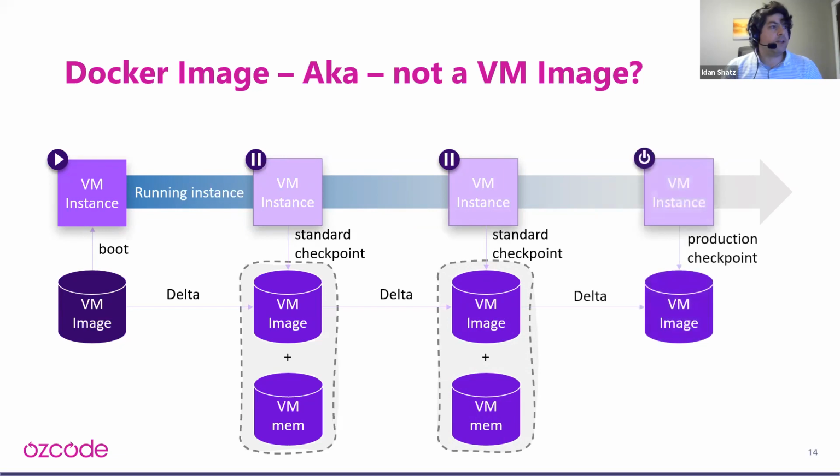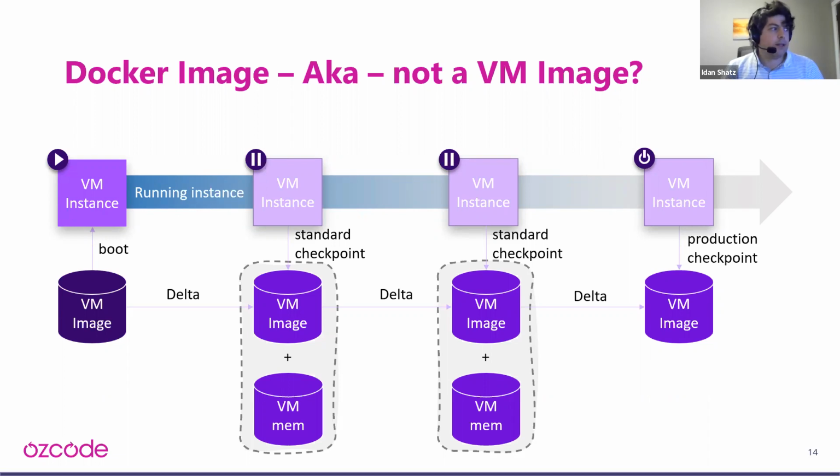But there is another thing that you can do, and that is you can actually shut down the VM and only save the image after the machine finishes its cycle. And that really helps when you talk about a production checkpoint, when you want to make sure that the state would not change and there won't be any issues between already running processes and updates and things like that.